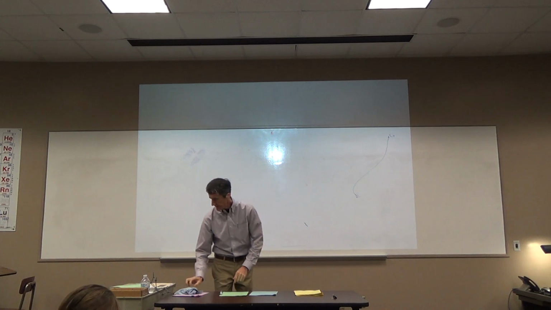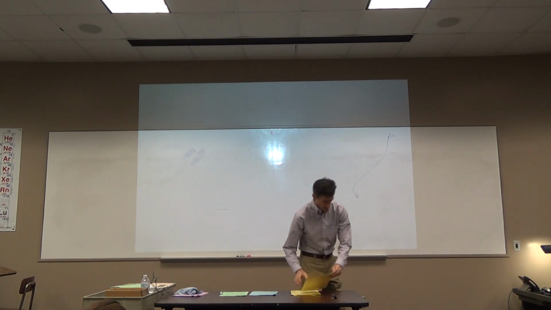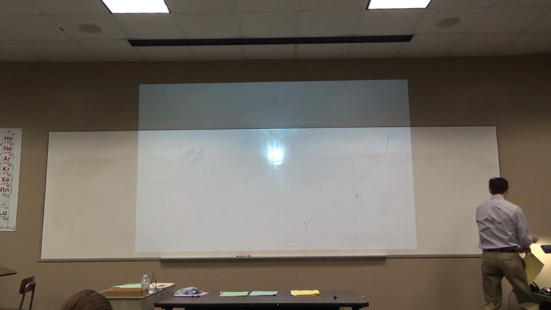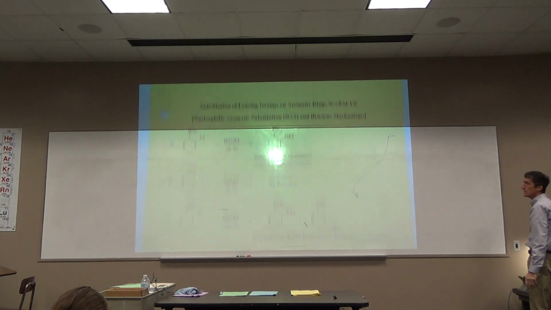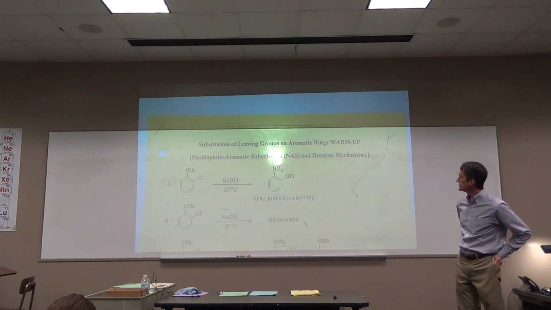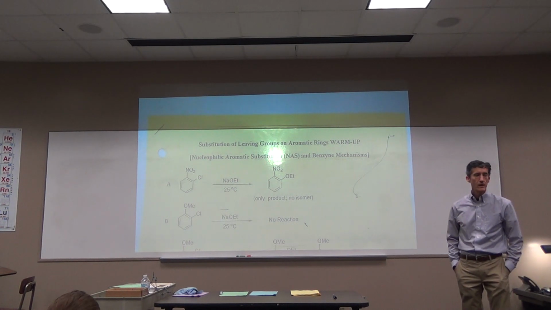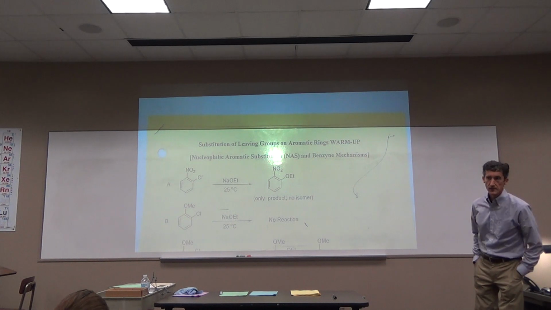Okay, the next handout is yellow, and we'll look at substitution of leaving groups on aromatic rings. Traditional leaving groups, like halogen.